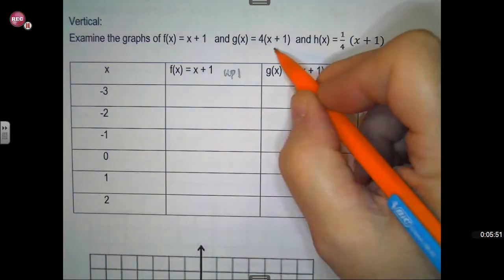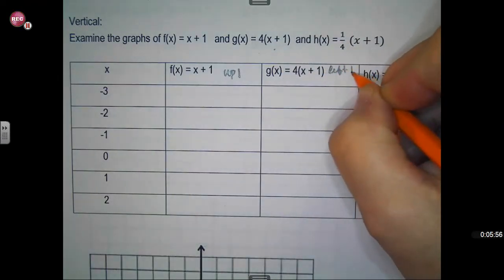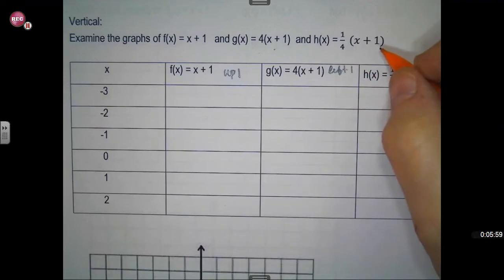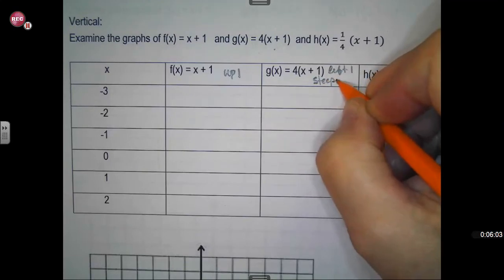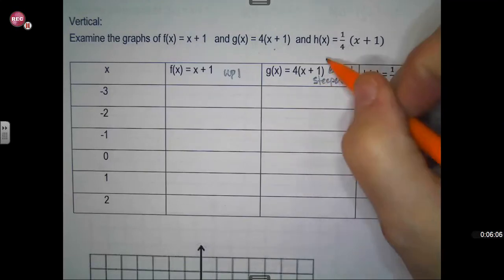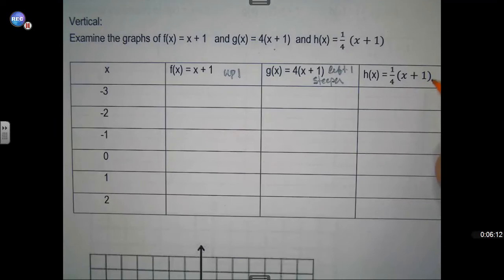This one takes the parent function and goes left 1, but it also changes the slope, and it's going to make the slope steeper. If you think about it, rise 4, run 1, rise 4, run 1, that's going to be steeper. And then this last one is going to move the function left 1, and then take the slope and make it flatter.